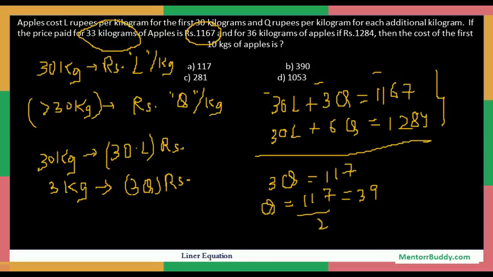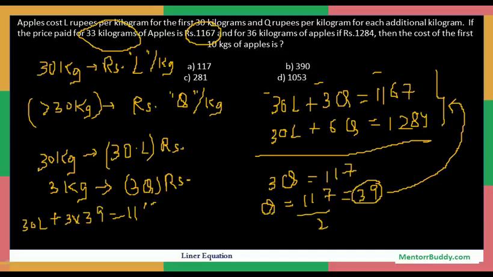Now putting this value of Q, that is 39, in either of the above equations, we'll get the value of L. Let's say in the first equation I'm putting it, that will become 30L plus 3 into 39 is equal to 1167. So this can be written as 30L is equal to 1167 minus 117. So 30L will be equal to 1050.